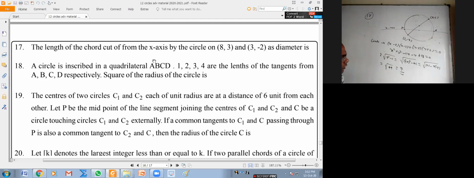Okay. After completing 17, you can read the 19th question, right? The 19th question is a past JEE Advanced question. If you read carefully, you can do it. Not very difficult.